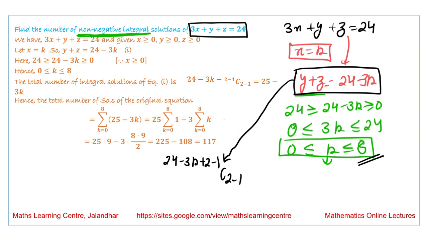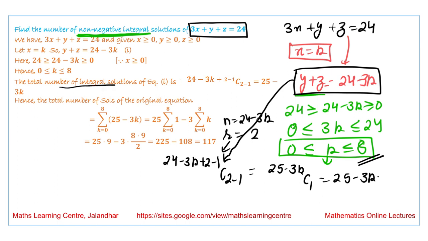The value of n is 24 minus 3k, and the value of r is 2. On solving this, we get 25 minus 3k C1, that is equal to 25 minus 3k. So the total number of integral solutions of this equation is 25 minus 3k, and the value of k can vary from 0 to 8.